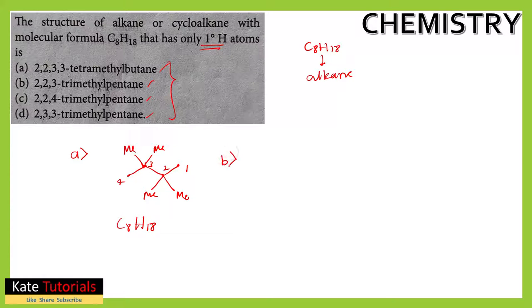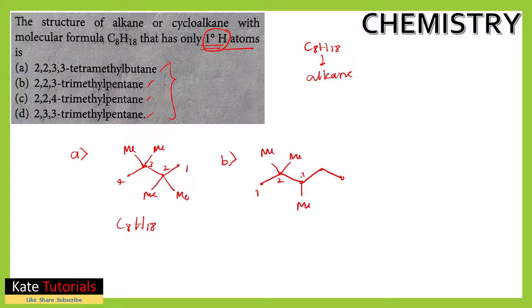First let me write all the structures, so that when I explain, you will get to know what is primary H atom. Second one, pentane. First I have to write pentane: 5 carbons, 1, 2, 3, 4 and 5. Numbering from here, 2, 2 trimethyl they have called, and the third also methyl.